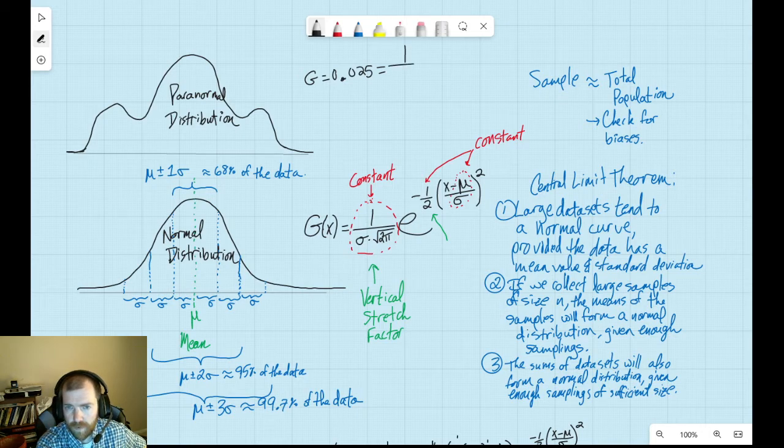So this was 1 over, and for our example, let's do the 0.1 version, square root of 2 pi times e to the negative 1/2 times, and here let's just use z, z squared. So we're trying to solve for z.